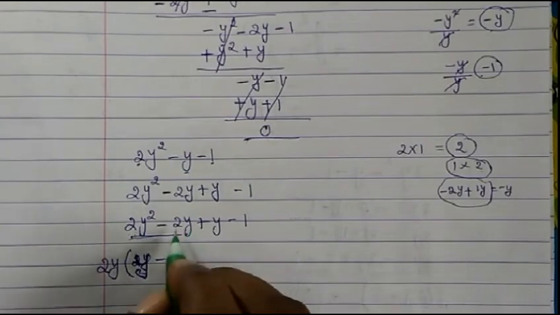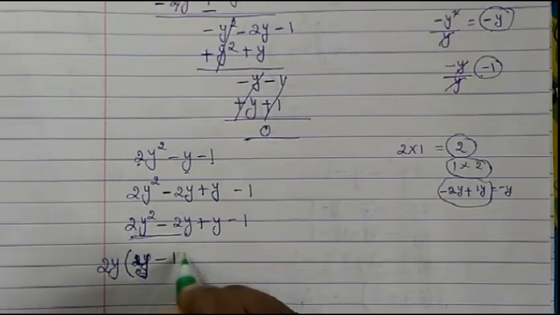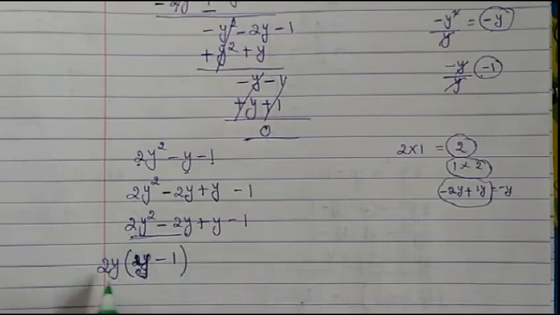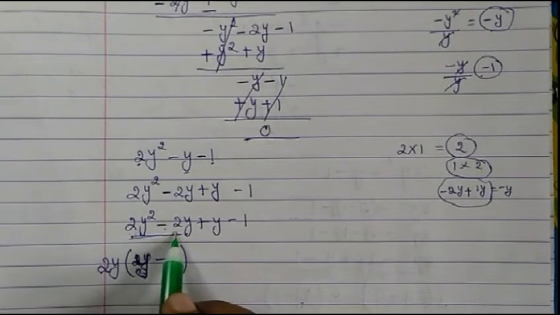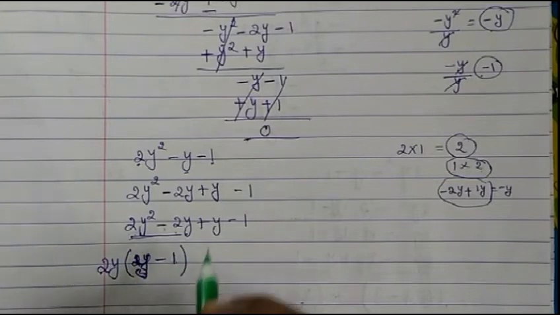So only 1y we will have. And here we will have only 1 because 2y we have taken out. So now you just multiply and see whether we are getting the same thing or not. 2y into y, 2y square; minus 2y into 1, we will get minus 2y, since minus 1. So 2y into minus 1, minus 2y. So now it is correct.